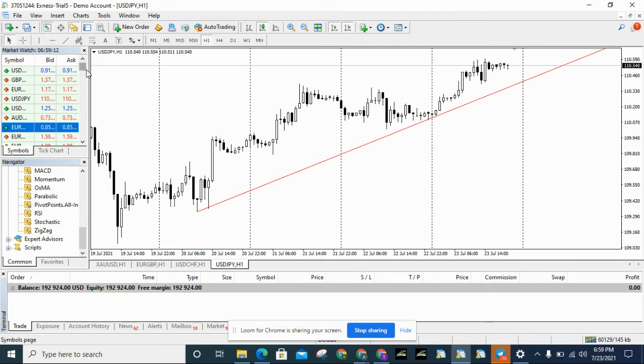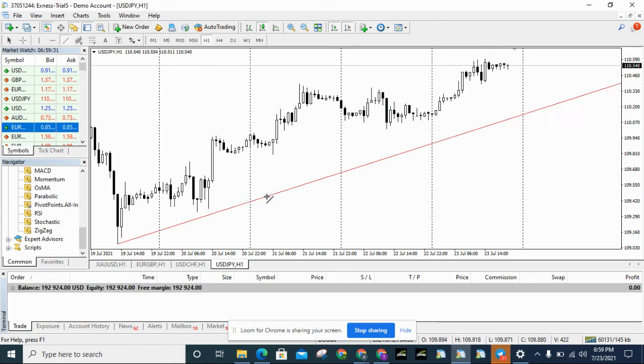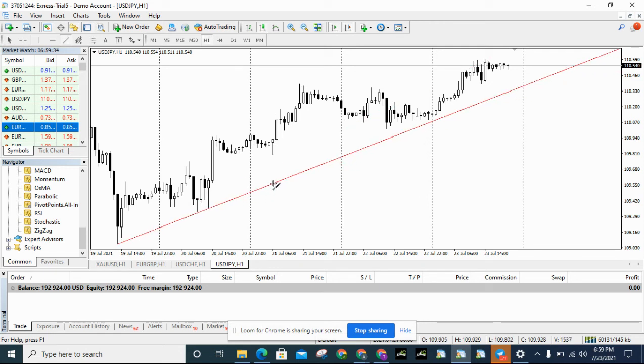Is this a perfect trend line? No, let me draw another trend line. Okay, so here can range. Let me draw another trend line. Let me take it from here. Yeah. So this is my trend line.